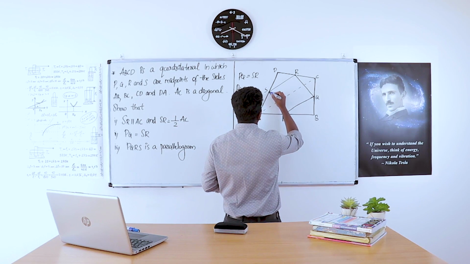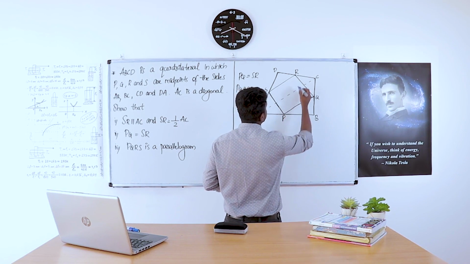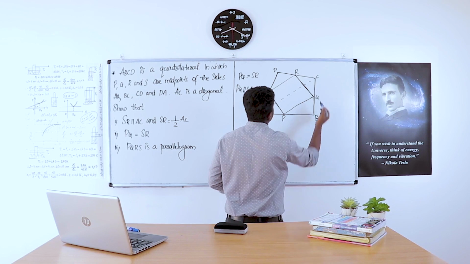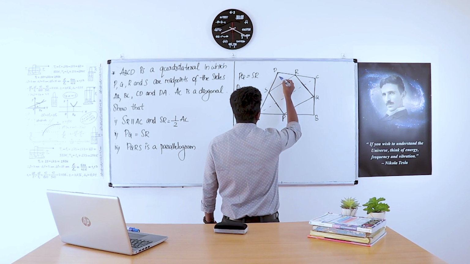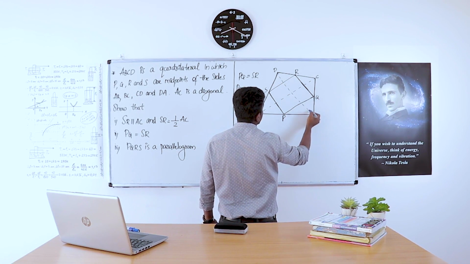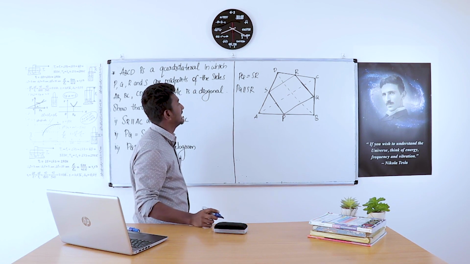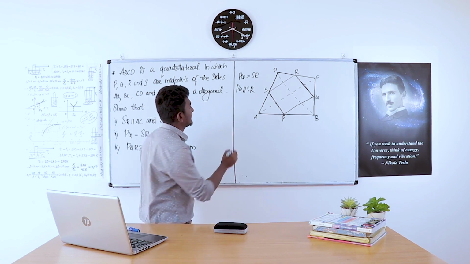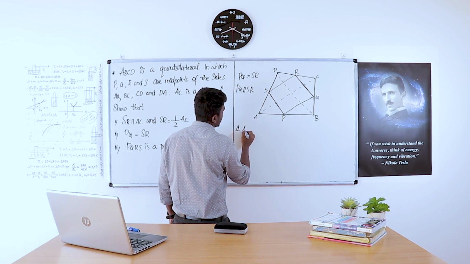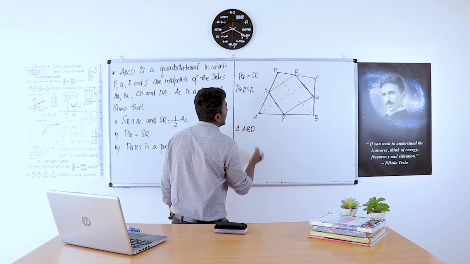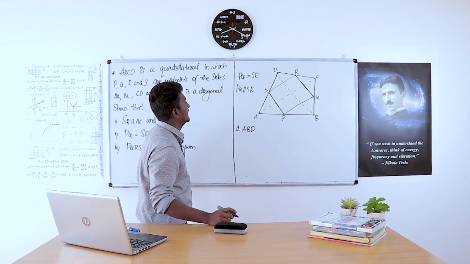Now we need to prove PS and QR are equal and parallel. For this I am drawing the second diagonal, which is BD. Now consider triangle ABD.